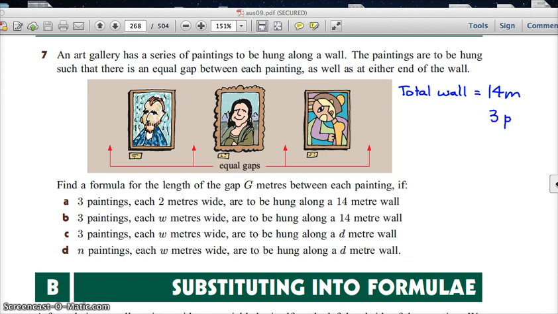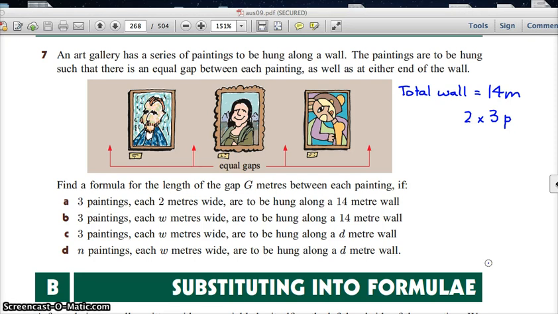Let's call them P. 3 paintings, each 2 metres wide. So if you had 3 paintings at 2 metres wide, how many metres wide have you in total? 6. Good. How did you do that? 3 times 2 metres. Yeah.